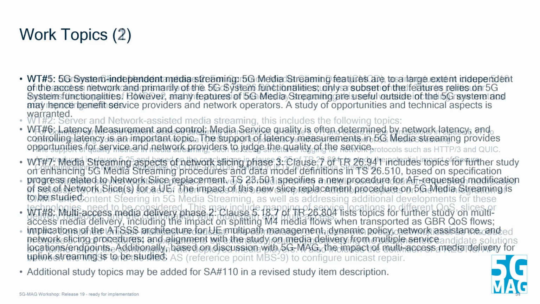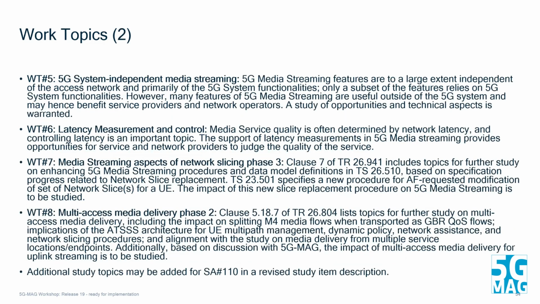Then we have another set of 4. The fifth one is, and I know Richard was not happy having seen this, the idea to do 5G system independent media streaming. The idea is really to go through the media streaming and identify which of the features have a dependency on the core, and what is the dependency, and could this feature be used, for example, by somebody who is not doing 5G media streaming, so doesn't have a core, but operates on a different network, potentially even a network that provides different ways of QoS.